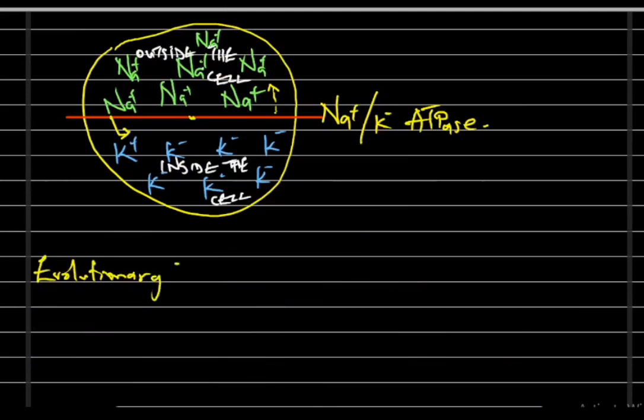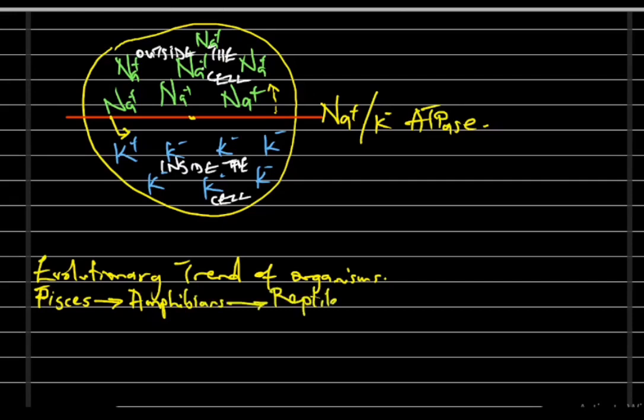the evolutionary trend of organisms, particularly vertebrates, we have it like this. The Pisces to the amphibians, and from the amphibians to the reptiles, and from the reptiles to the birds, and then from the birds to mammals.